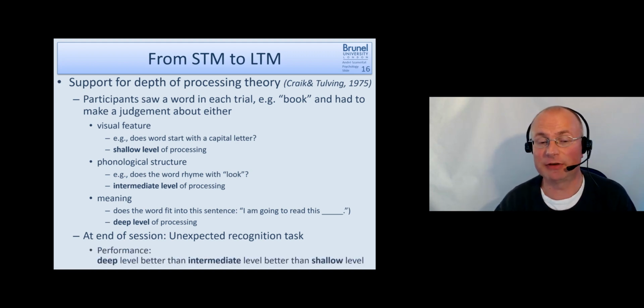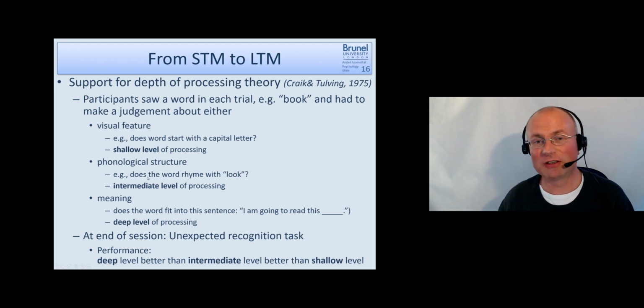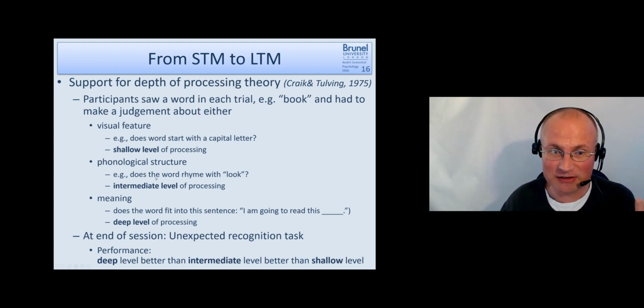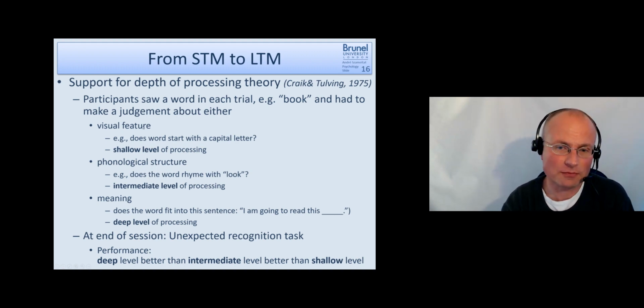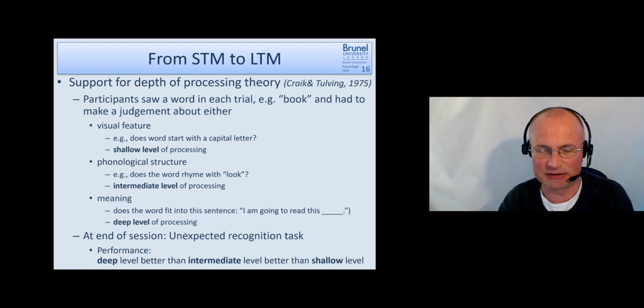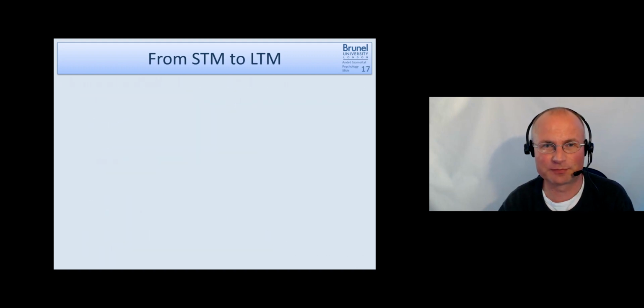And that's indeed what they found. Those words with a deep level of processing were recognized best. The intermediate level resulted in an intermediate recall performance, and the shallow ones were remembered worst. So this is strong evidence for the idea that we need to process information to store it in long-term memory.